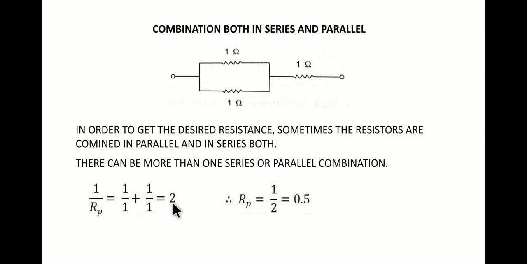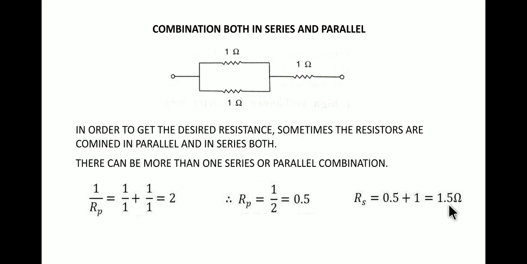The reciprocal of 2 is 1 by 2, that is equal to 0.5. So if this value is 0.5 and this resistance is 1 ohm, then in series connection the resistance will be equal to 1 plus 0.5, that is equal to 1.5 ohm.